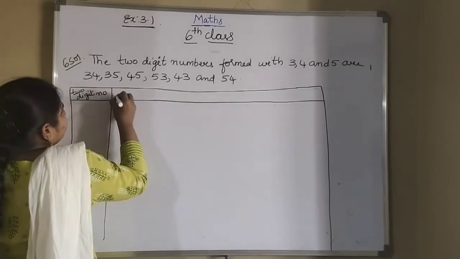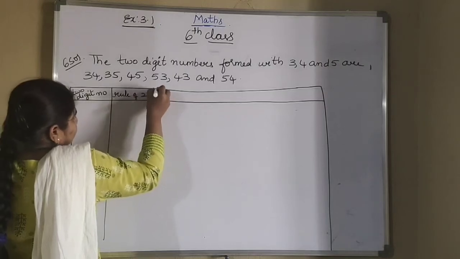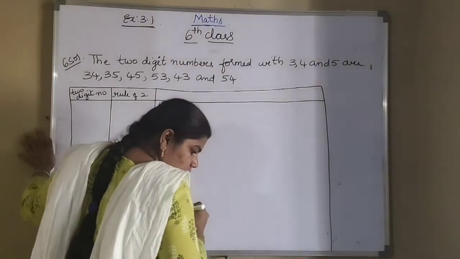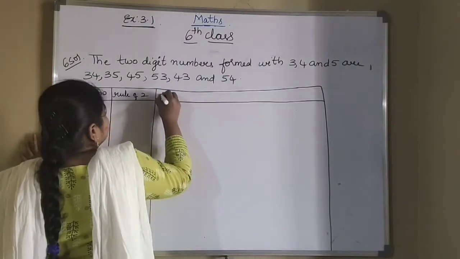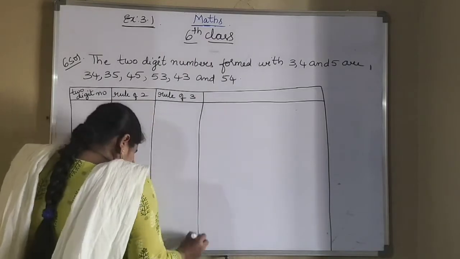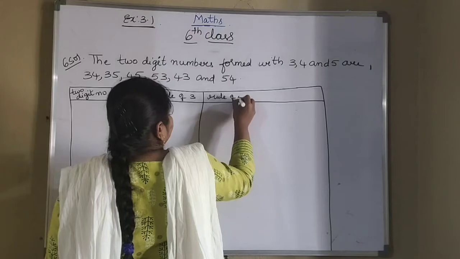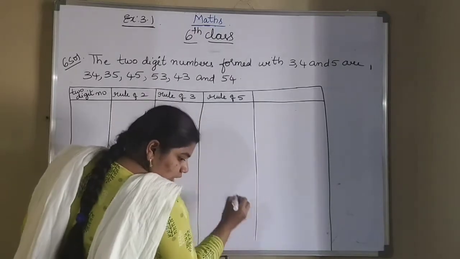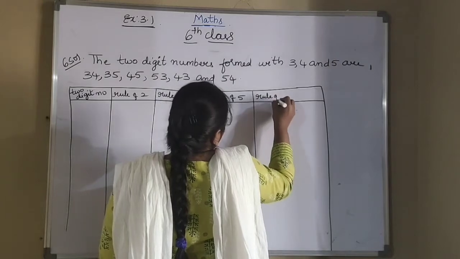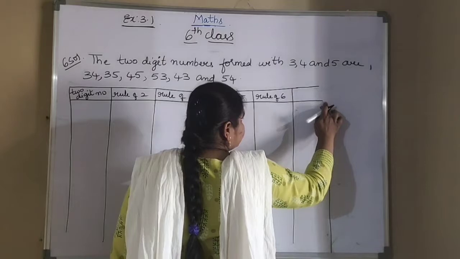And divisibility rule of 2. Next is divisibility rule of 3, rule of 5, and rule of 6, and last is rule of 9.